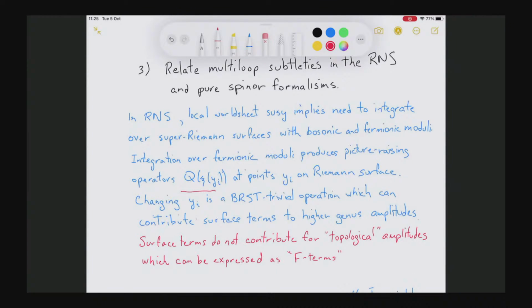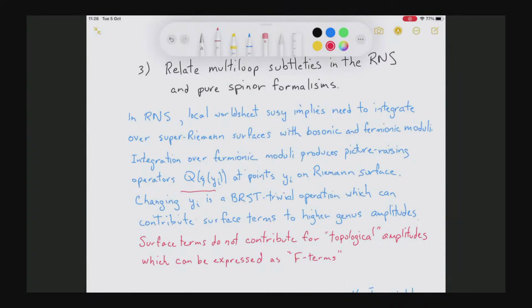When all the states are on shell, moving these picture raising operators is a BRST trivial operation. But if you're doing higher genus surfaces, although it's BRST trivial, it can contribute surface terms. Taking account of these surface terms is a complication in RNS, but people know how to do it.